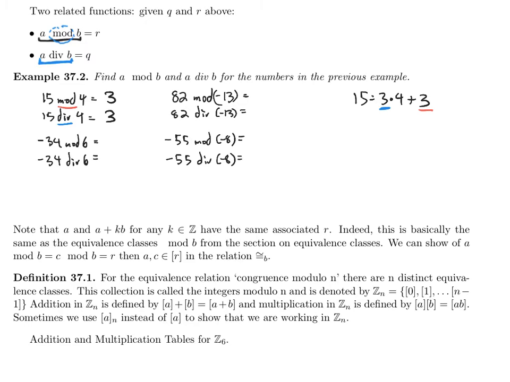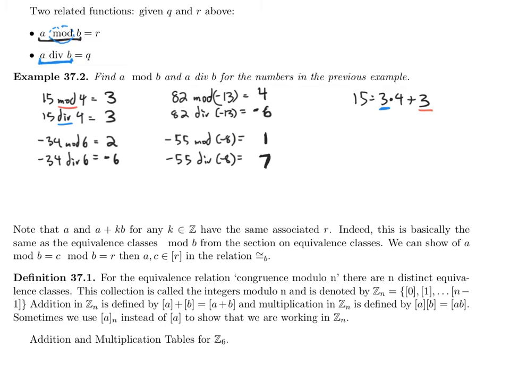Negative 34 mod 6, we said that was 2, and negative 34 div 6 is negative 6. 82 mod 13 we said was 4, and 82 div negative 13 we said was negative 6. And finally, we have that negative 55 mod negative 8 was 1. That's the remainder. And div, the quotient, we said was 7.